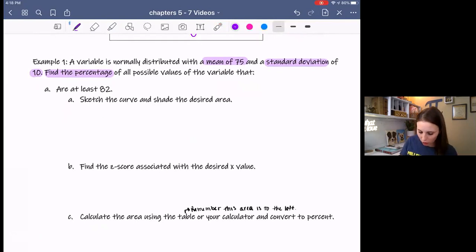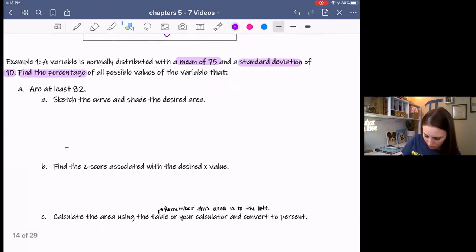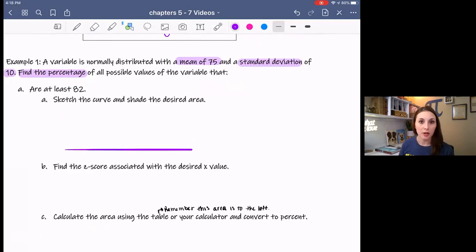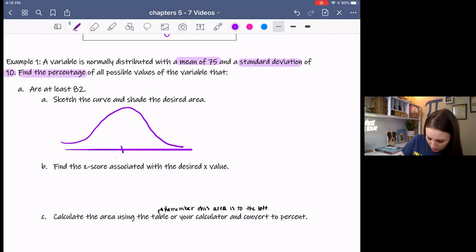I'm going to sketch a curve. I'm going to draw my little axis on the bottom, and then I'm going to draw a rough bell curve. The mean is 75, and that is a measure of center, so 75 goes in the center.